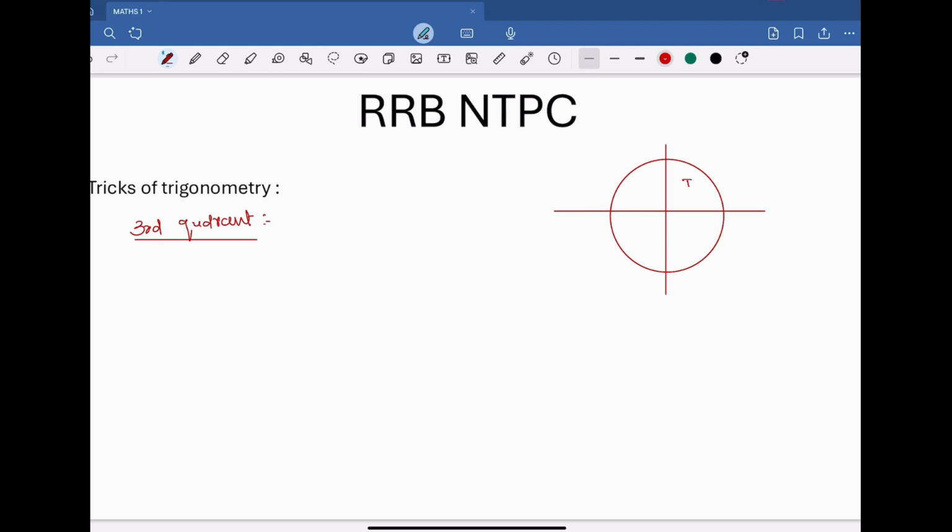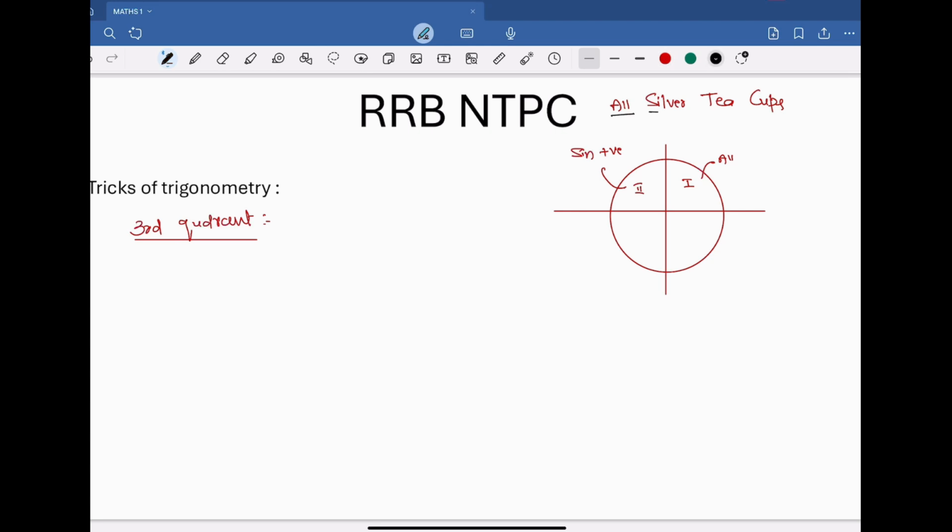First quadrant we have already dealt. All are positive. Why am I repeating? So that you will remember. Second quadrant we have done. Sin positive. All silver teacups. All are positive.